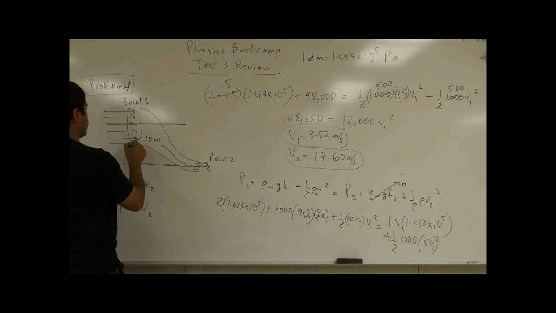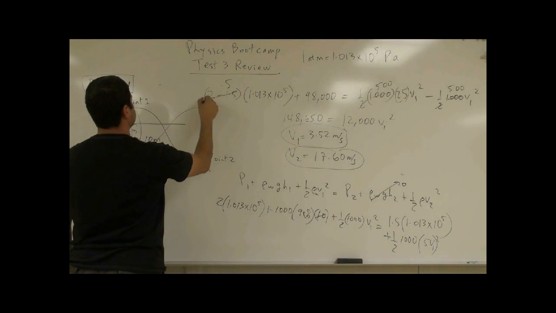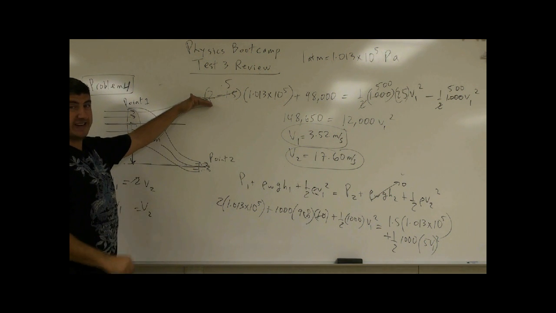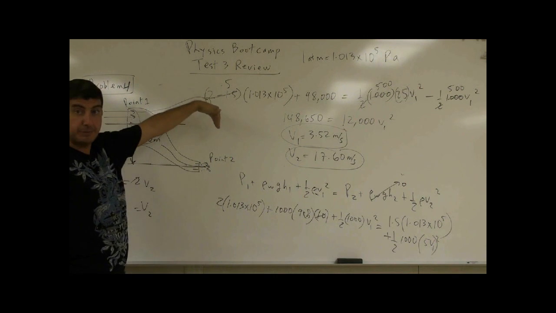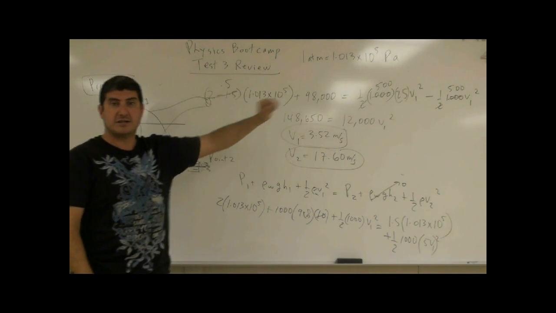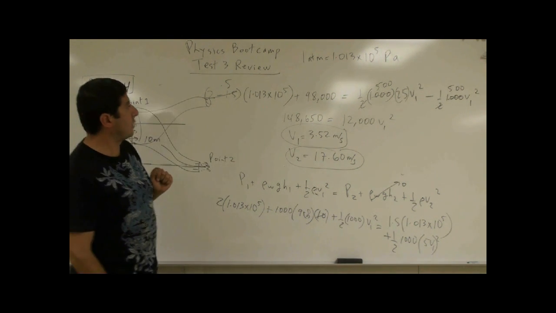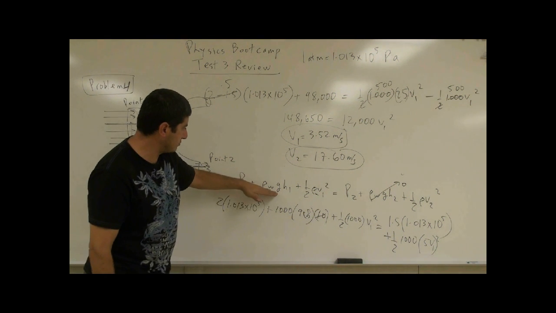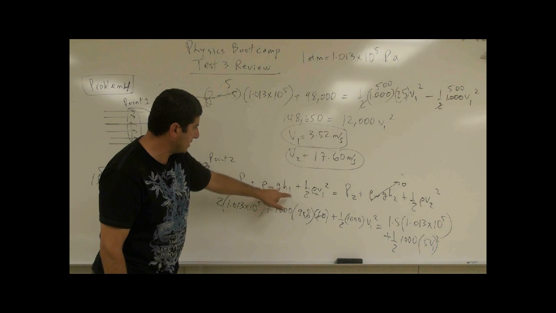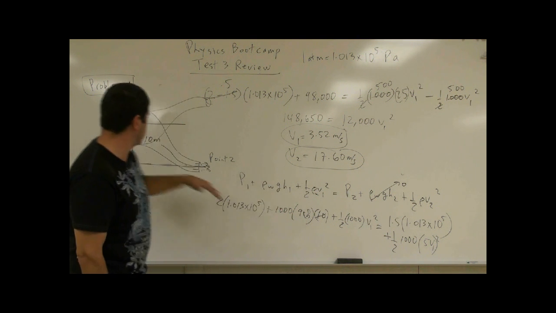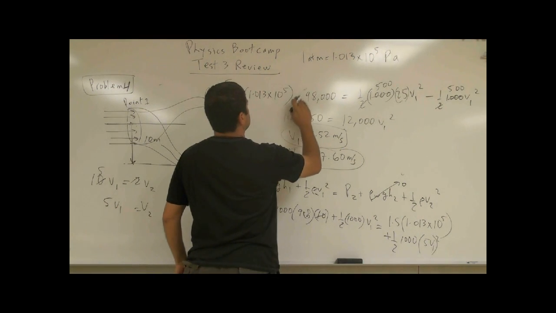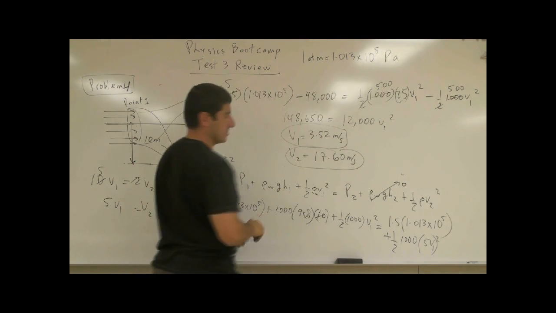What would happen if this was going up? Okay? Then it would slow down due to the fact that it's going up, but it would speed up due to the fact that it's narrowing, right? How would we change the equation? This part here, rho gh, now we would put negative 10 here, right? It starts out 10 meters below. So this would be negative 98,000.